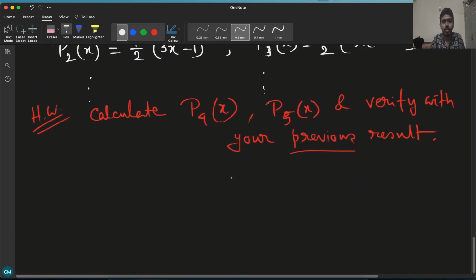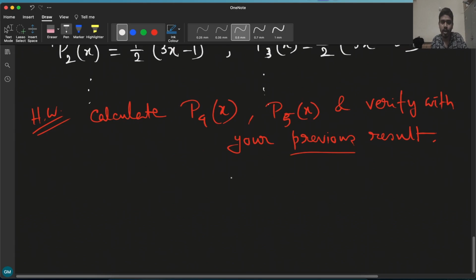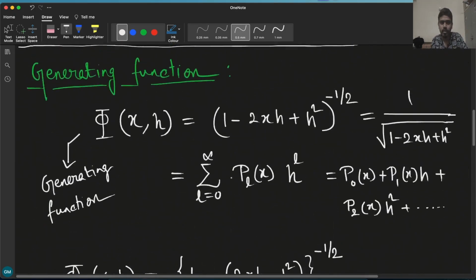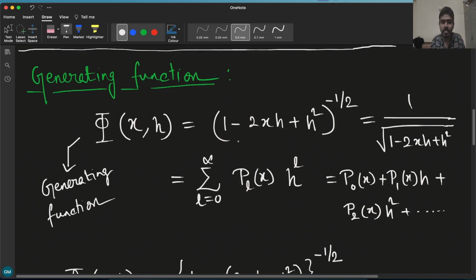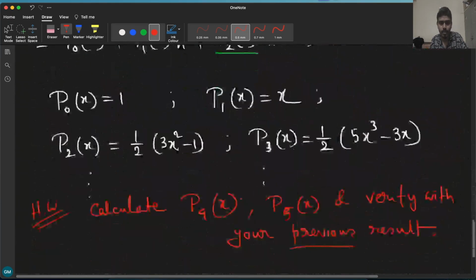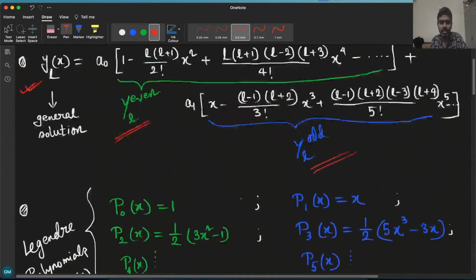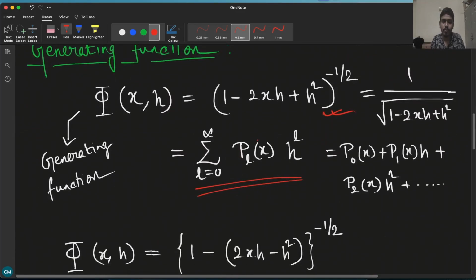So let me now prove that I can really write this function as the sum over p_l(x) h to the power l, where these p_l(x) are actually the Legendre polynomials.